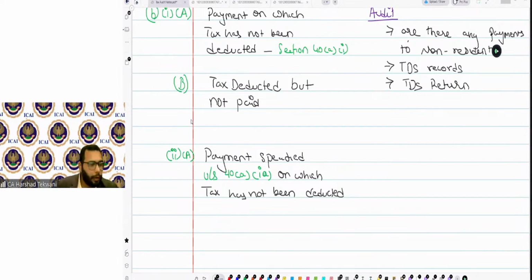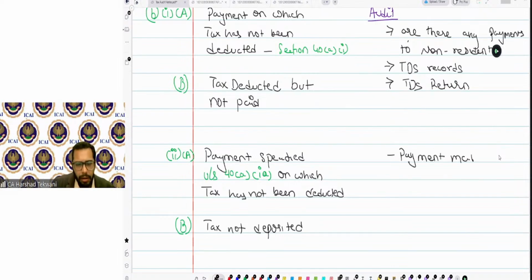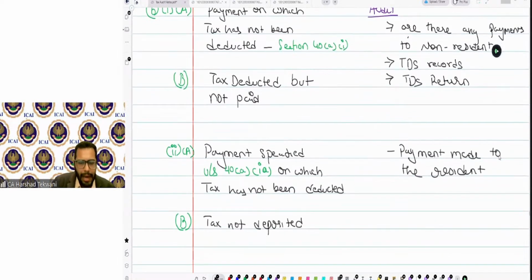And when I talk about B, I'm talking about tax not deposited. Same in this clause also, we need to check the TDS records and the payments made to the residents.